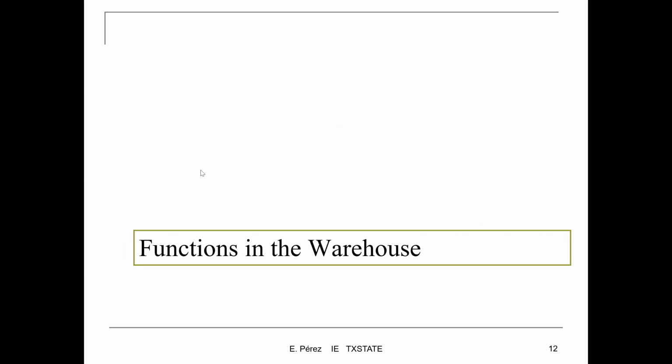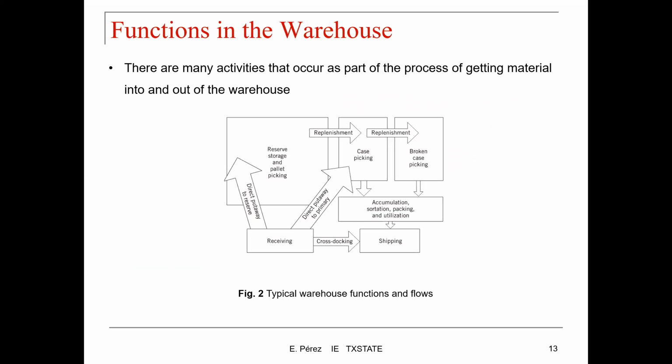So what are the functions in the warehouse? There are many activities that occur as part of the process of getting material into and out of the warehouse. And those illustrated in this figure number 2 include the typical warehouse functions and flows. So as you would imagine, there's some receiving and some shipping, but there's a direct way to reserve, so not all the items will remain in the warehouse.